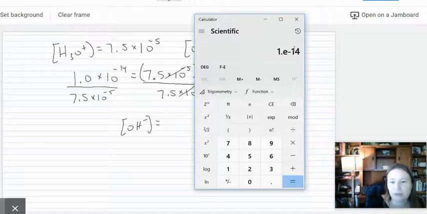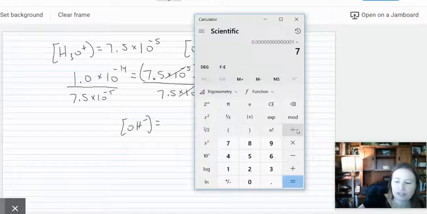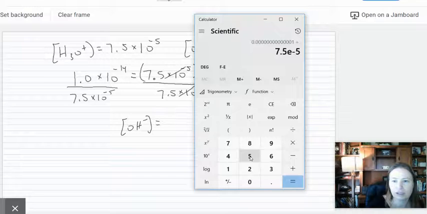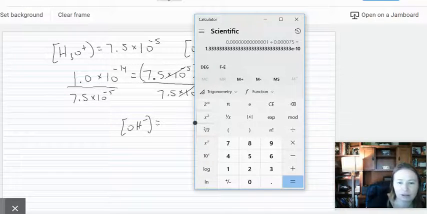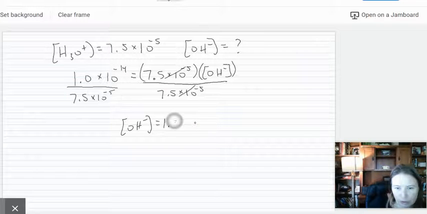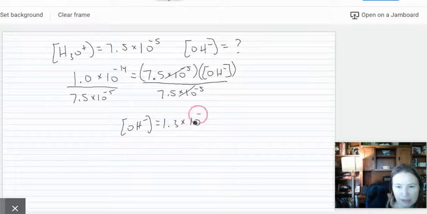Okay, so that's my Kw. I'm dividing it by 7.5 exponent negative 5, equals 1.3333. There's two sig figs, so 1.3 times 10 to the negative 10th.